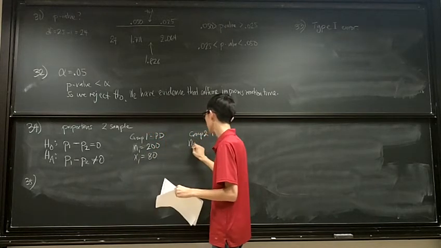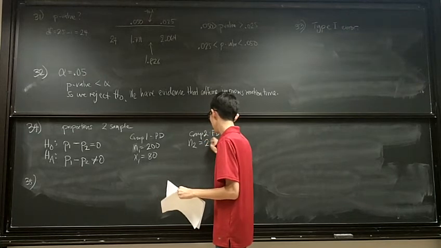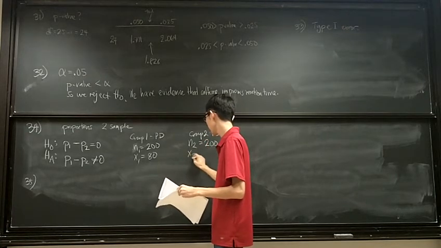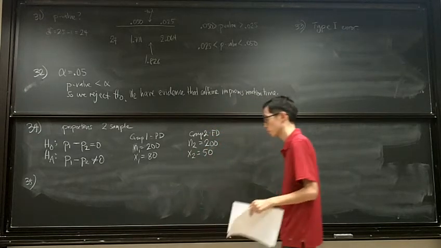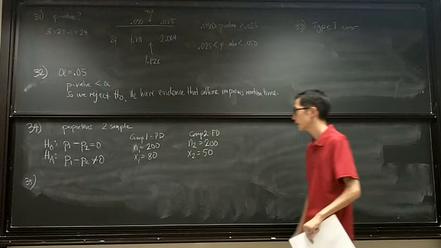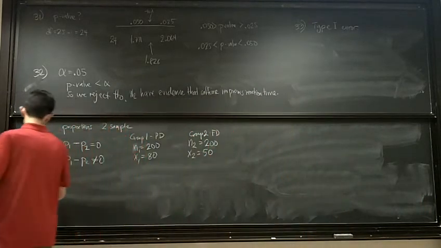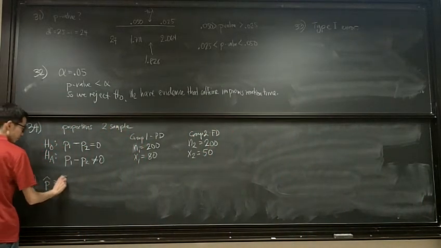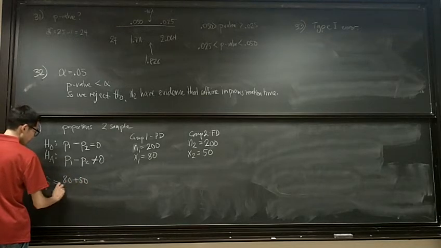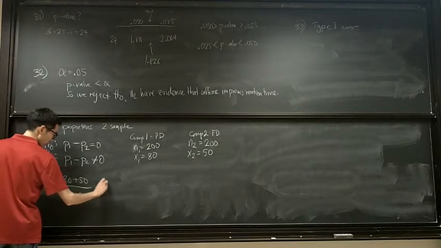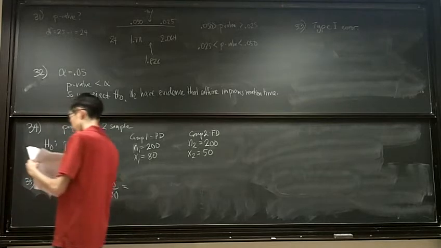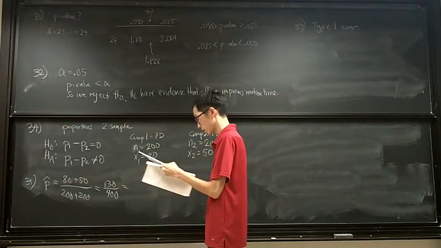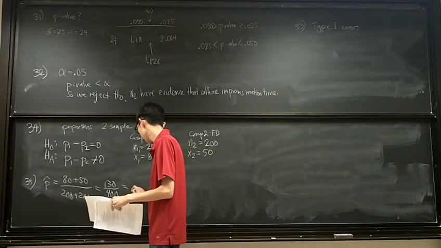In group 2, the number was 200, and the number of minorities, 50. So our P hat, 80 plus 50 over 400, I get 0.325.